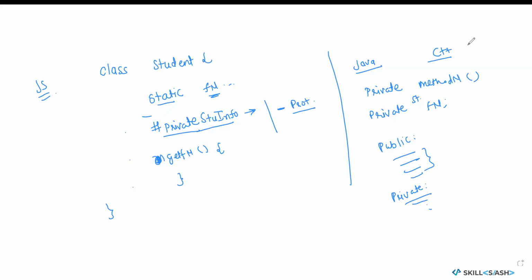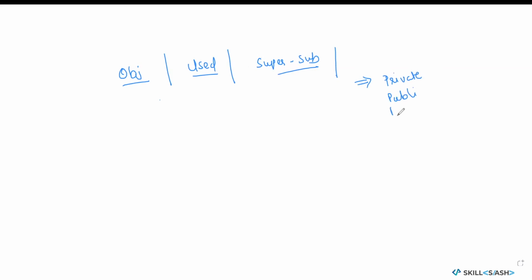Where to use that? To understand that, we'll have to understand how class objects are used with each other. Once we understand how class objects are created and how they can be used outside of the class, or in a superclass or subclass, it will be easy to understand which method should be private, public, or protected.